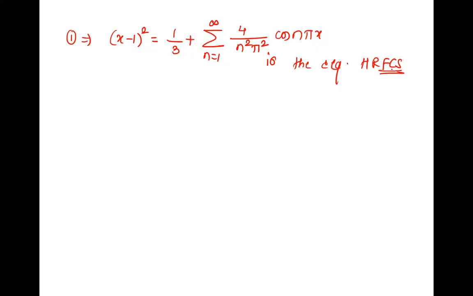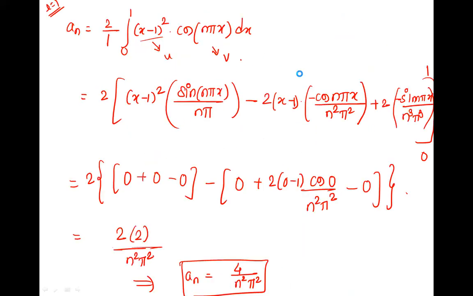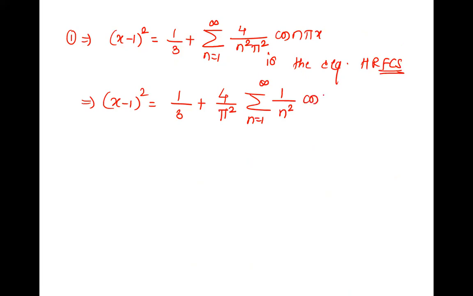Hence find the summation. Since it is in summation, we will not open it; we'll let the summation stay as it is. So x minus 1 square is 1 by 3 plus 4 upon pi square, which comes out, and summation 1 by n square into cos n pi x.